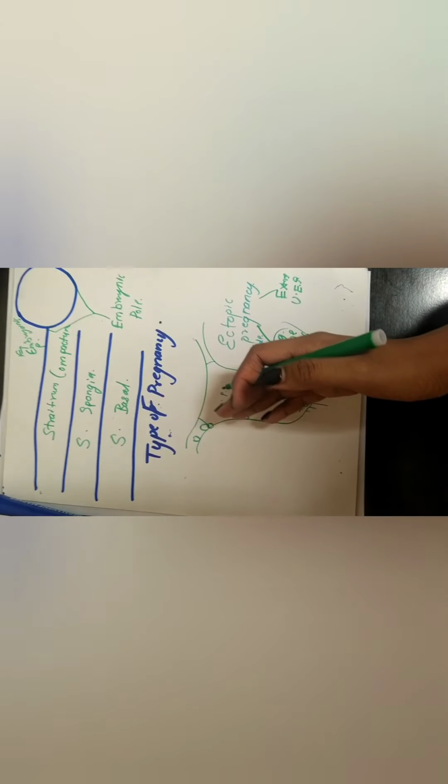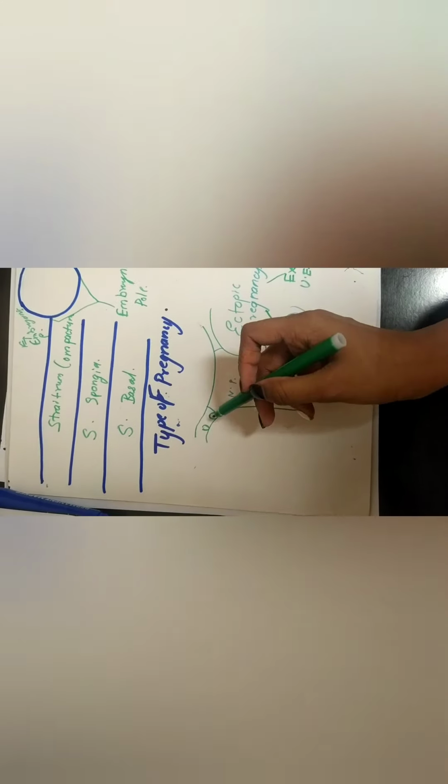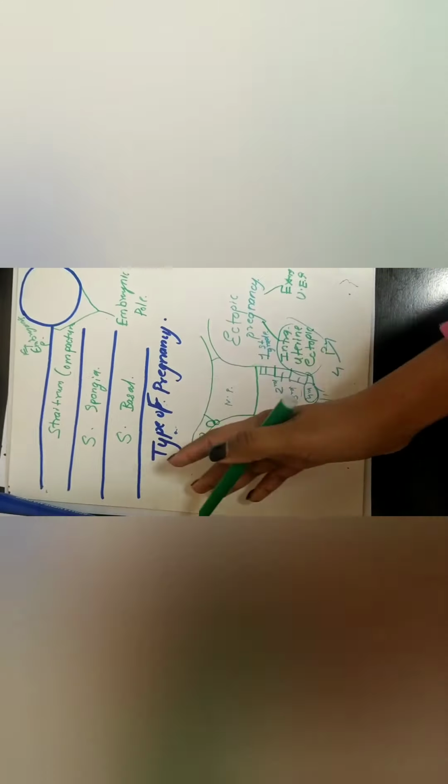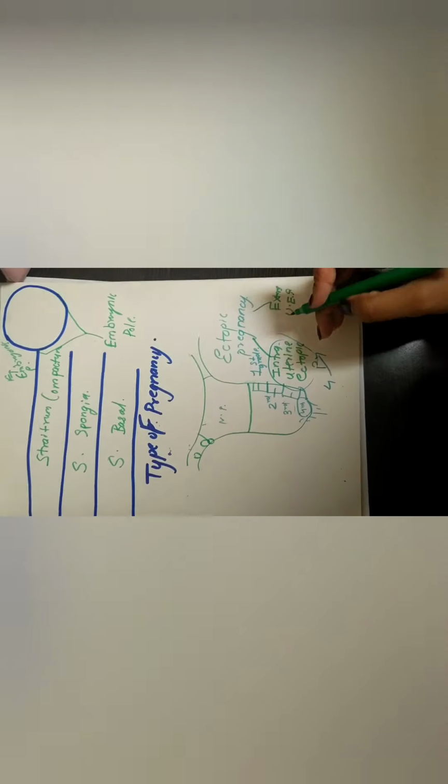The egg is implanted in the fallopian tubes, or beside the ovary, maybe at the fimbriae. This type of pregnancy is what we call extrauterine pregnancy, which is outside the uterine cavity and not inside it.